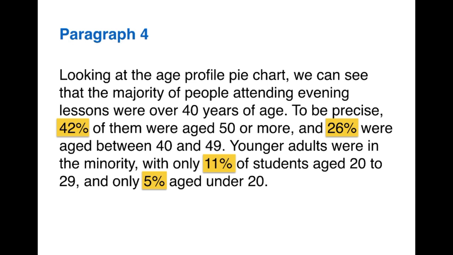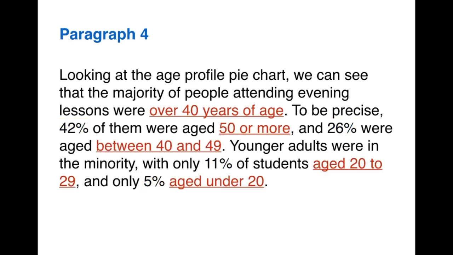I've mentioned most of the ages over 40 years. That was grouping together the next two groups that you can see underlined there, 50 or more and between 40 and 49, and I mentioned the age groups 20 to 29 and under 20. I think there was one age group only, the 30 to 39, that I missed, but you don't need to include everything. You have to select, remember.